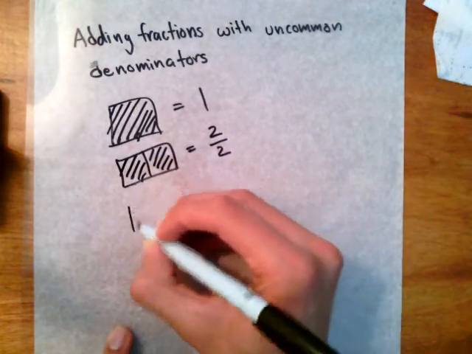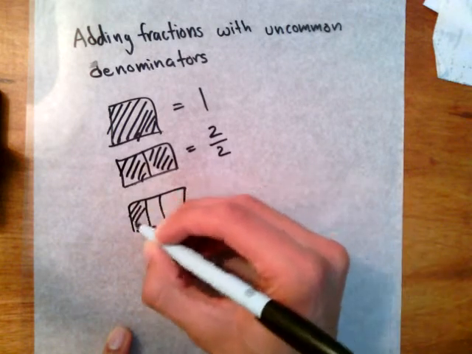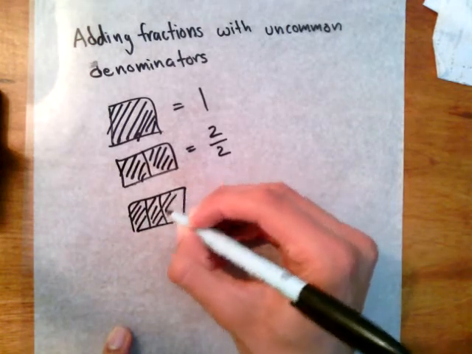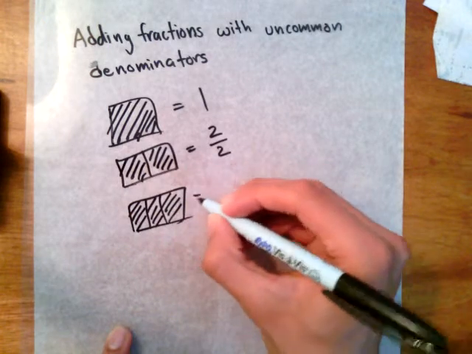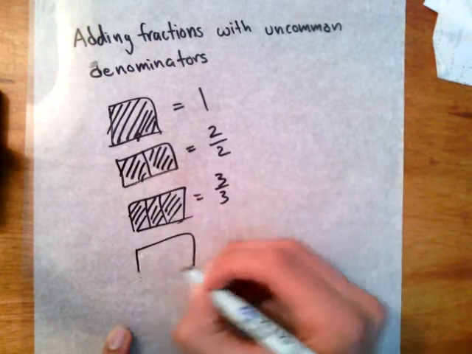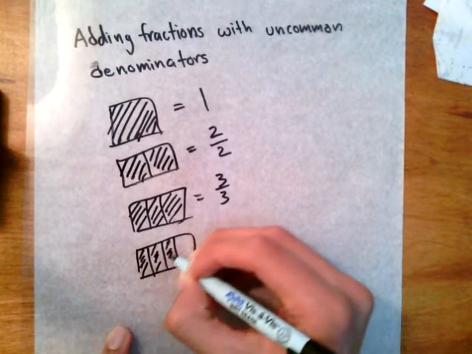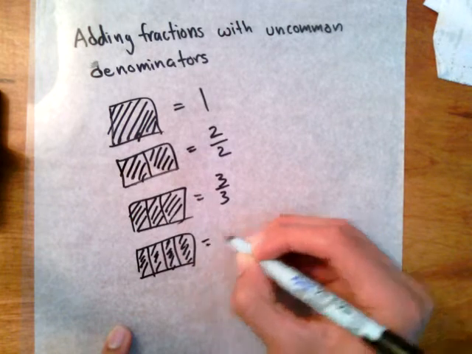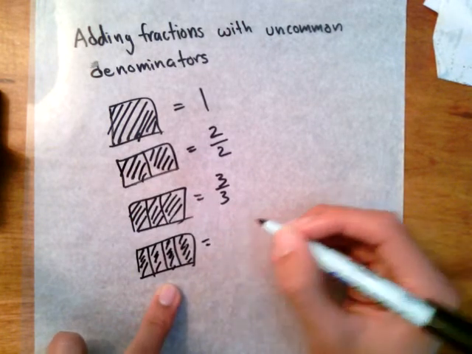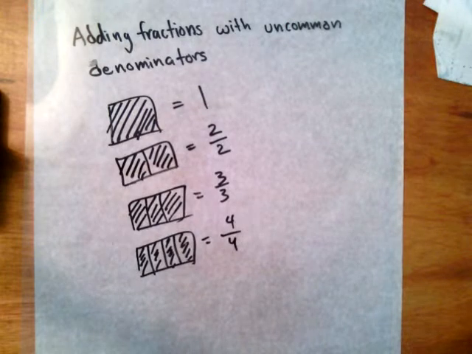Yet again, we can break this very same rectangle into 3 equal portions if we wanted to, where each portion is shaded, and this will represent the fraction 3/3. And we can do this infinitely many times. In this one right here, we broke it into 4 equal portions.